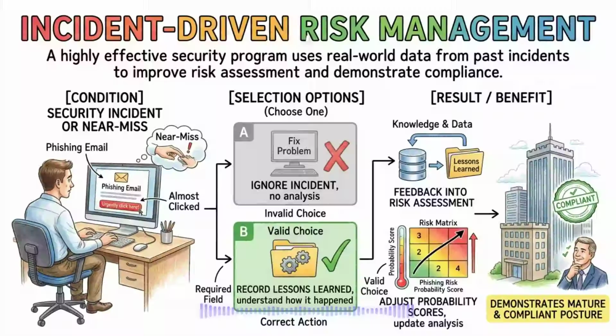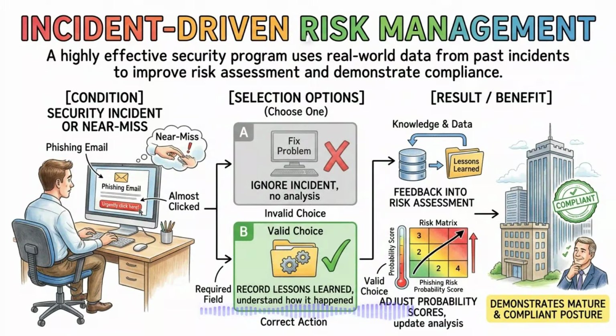A highly effective risk management program is deeply integrated with the organization's incident response activities. Whenever a security incident or even a near miss occurs, such as an employee almost falling for a sophisticated phishing email, the privacy and security team must learn from it.